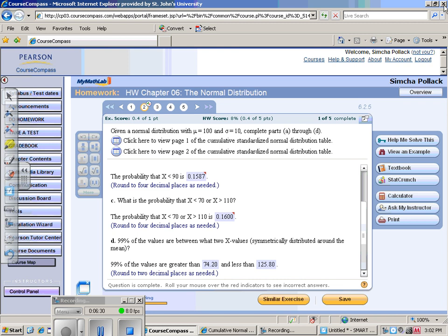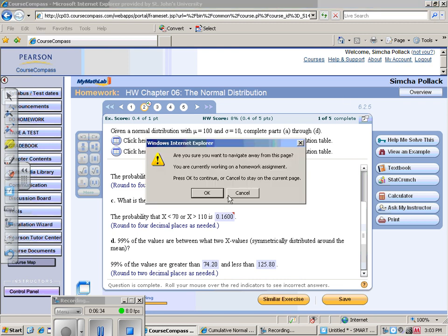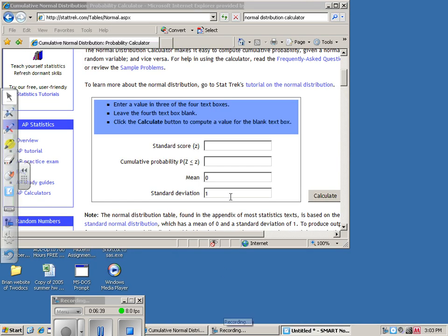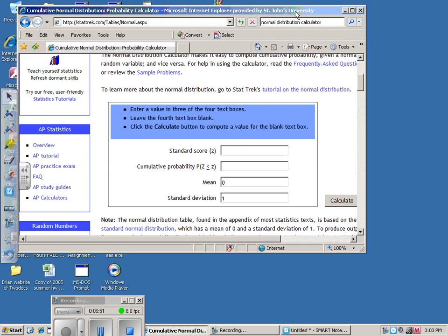All right, so it turns out there's another way to solve the problem, which is to use, as I told you in some of the mailings, an online calculator. This is available for most of our examples. You can use Excel, you can use StatCrunch, but I typed into Google normal distribution calculator.